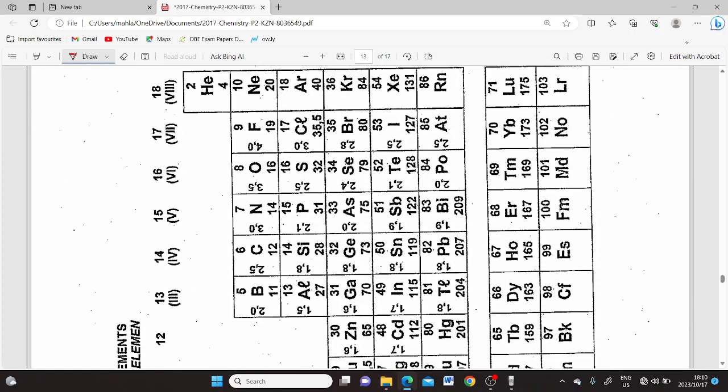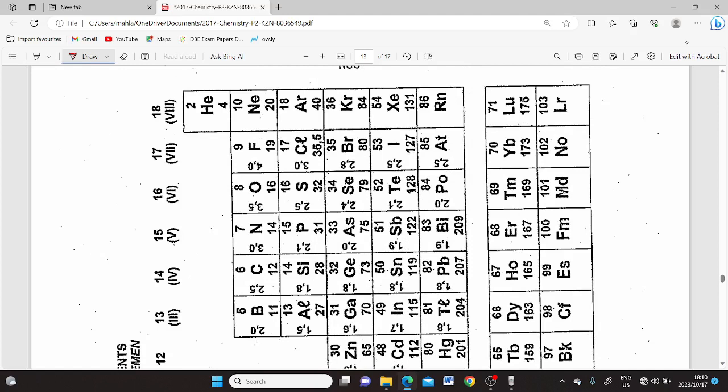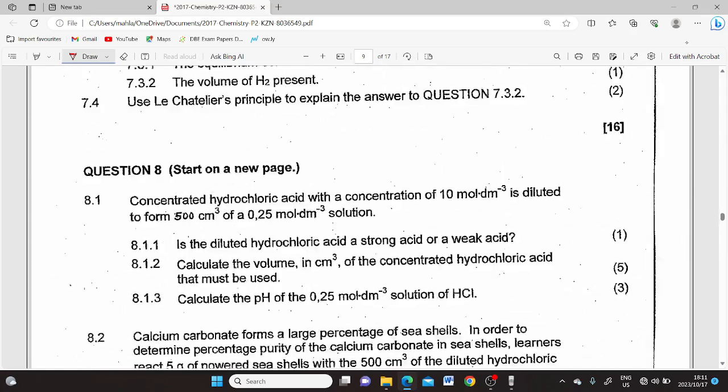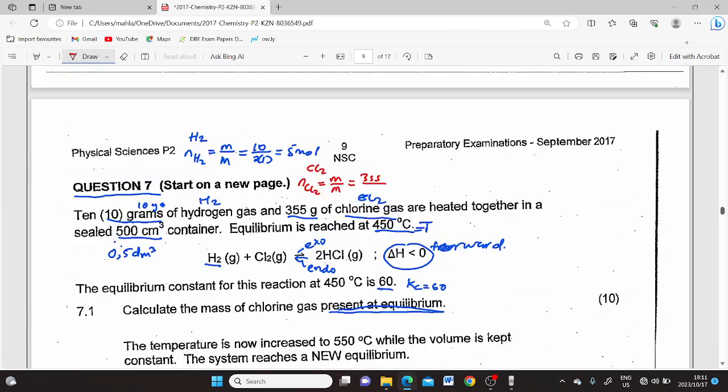Cl here has a mass of 35.5, but we have 2 of them, so we're going to have 2 times 35.5. Right, so what do we have?